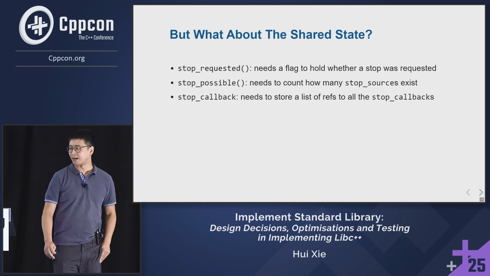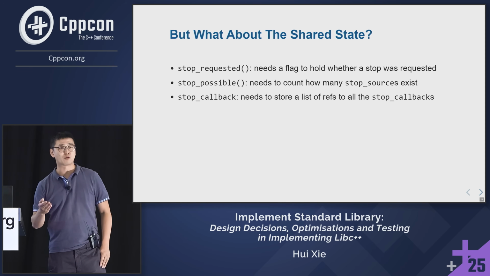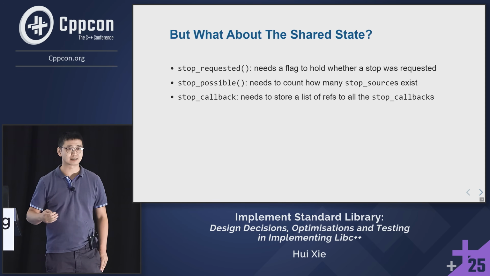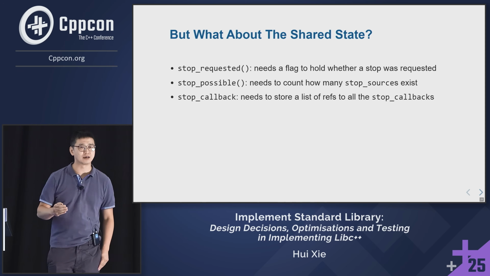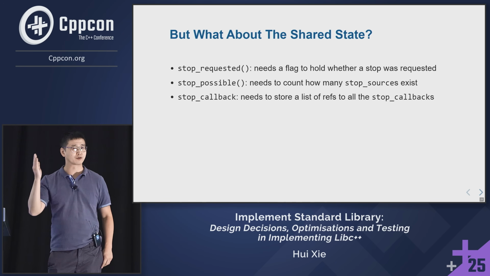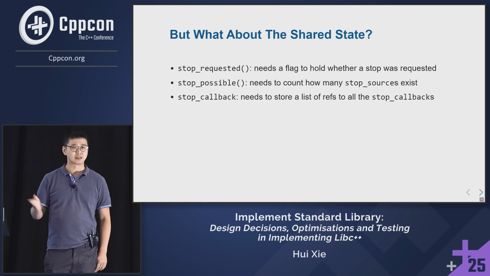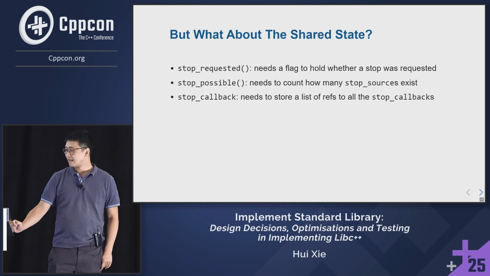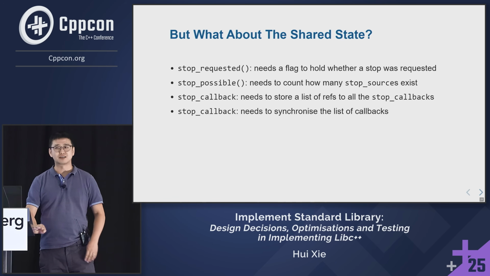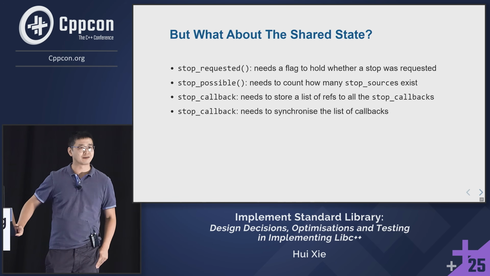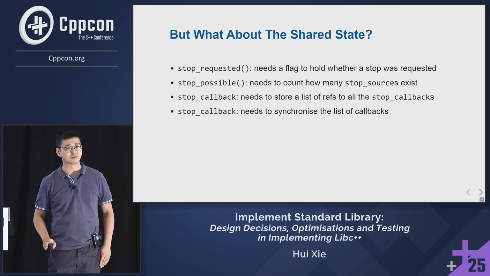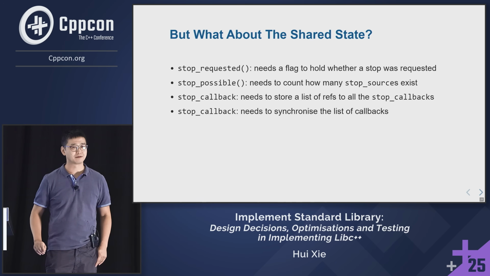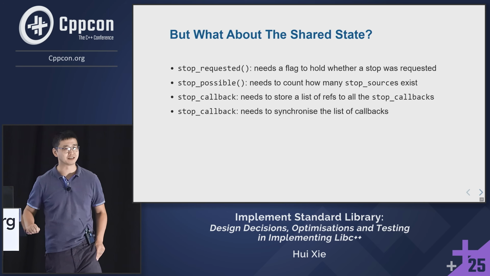And for the stop callbacks, as I said, we need to sequentially evaluate the callbacks. So we need to somehow store a list of references to all the callbacks so we can iterate through them. Because this is about concurrency, we can't have a normal list. We need to synchronize this list with some sort of synchronization.